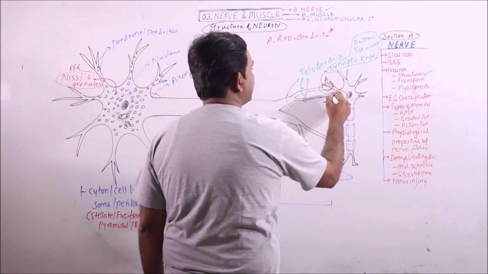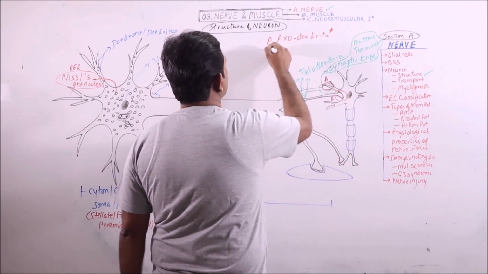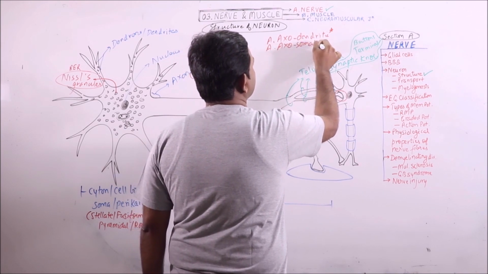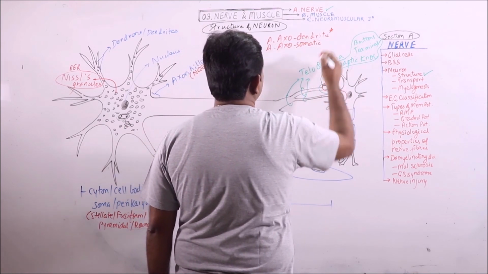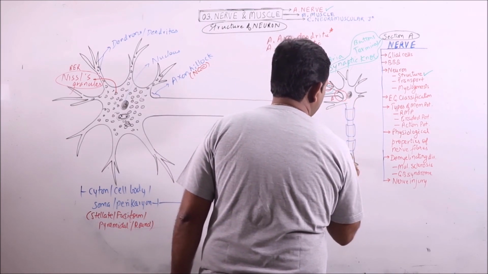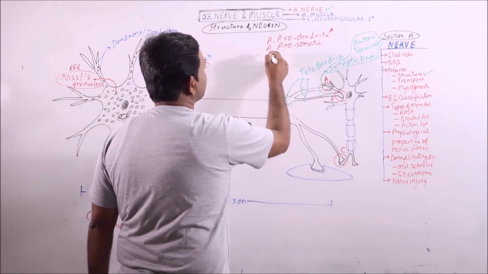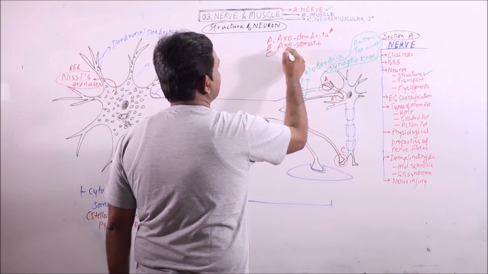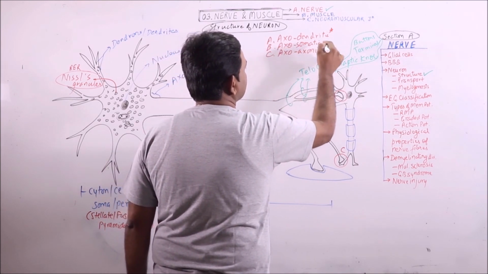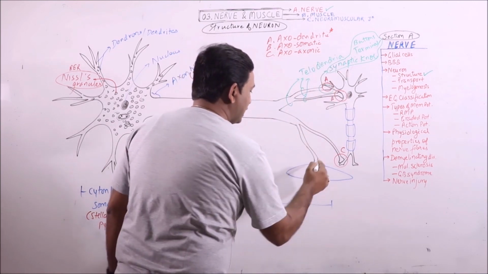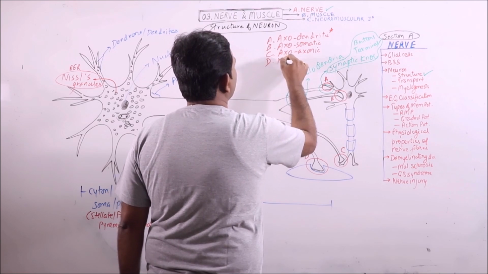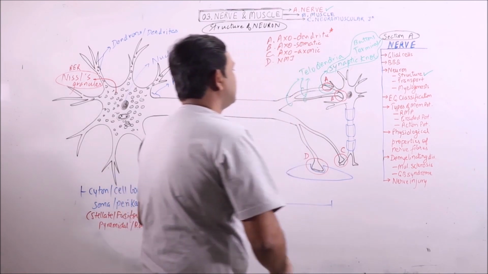And when it ends on cyton, it is exosomatic synapse. And this type of synapse is exonic synapse, and this is what we say neuromuscular junction.